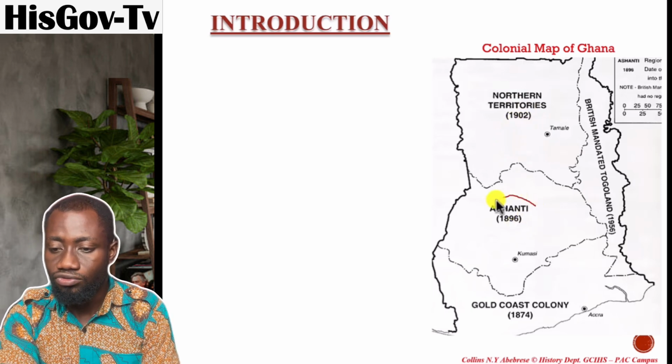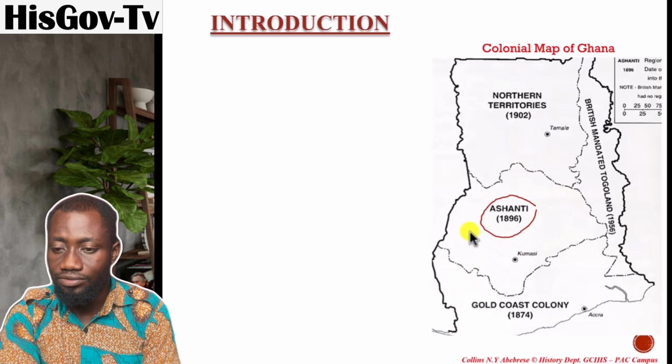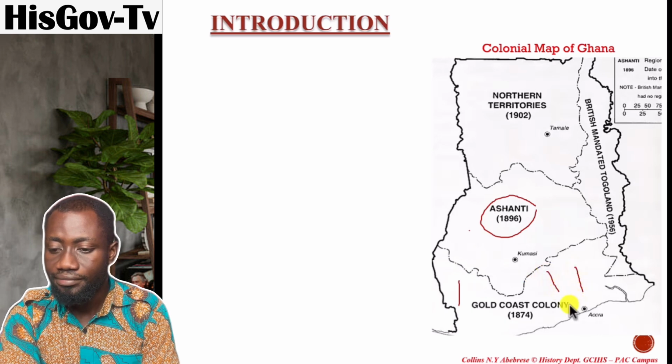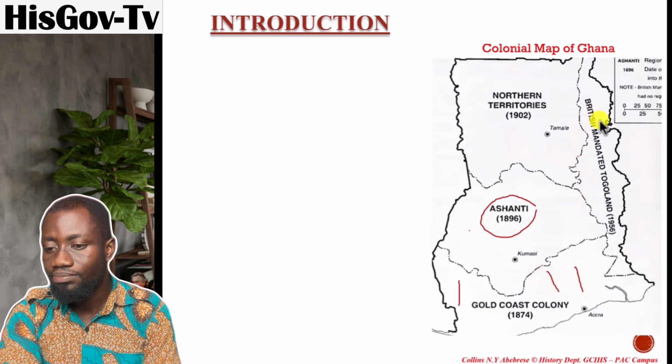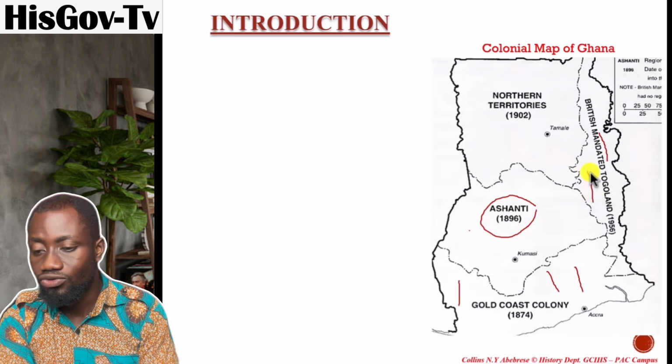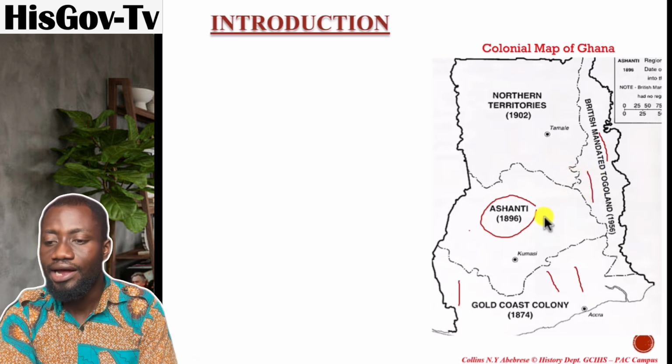This place was also known as the Ashanti. All this area was known as the Ashanti. Then we had the Gold Coast colony also here. Then we have the British mandated Togoland over here.